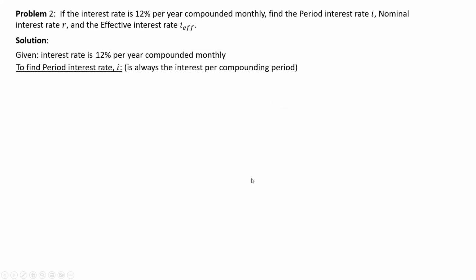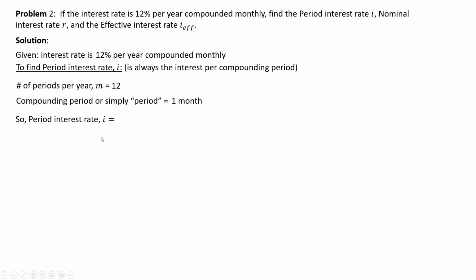Good. To find the period, which is always the interest per compounding period, which is in this case month, number of periods per year, compounding periods M. That's, would you agree, per month means 12? Okay. And compounding period or simply period is what? 1 month. Okay. And so period interest rate I, what is the interest per month is what we need to figure out.